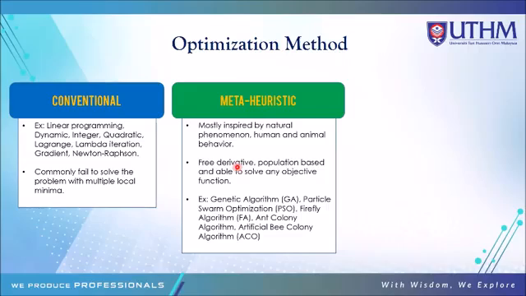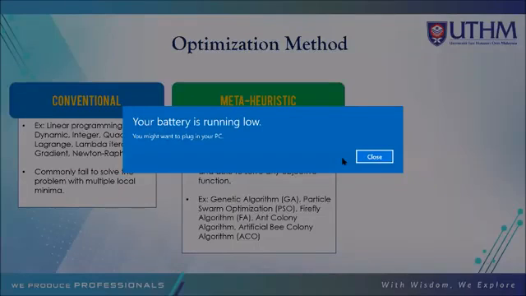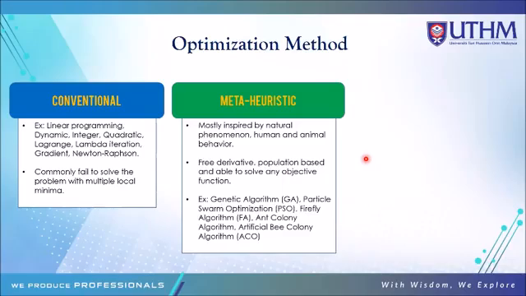No derivative method is applied, because they work based on a population. Thus they are suitable to solve any type of objective function, whether linear, convex or non-convex. Mostly, these heuristic algorithms are inspired by natural phenomena.